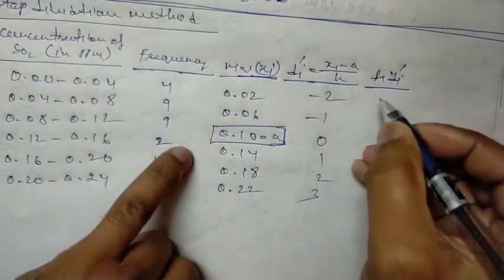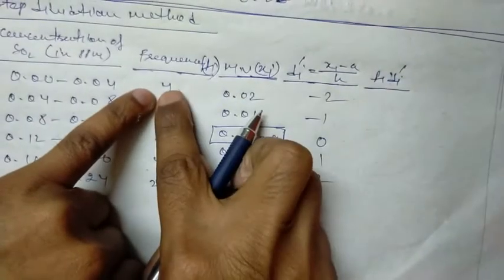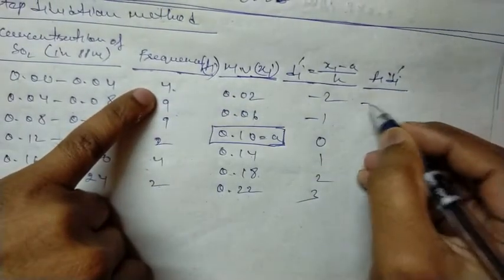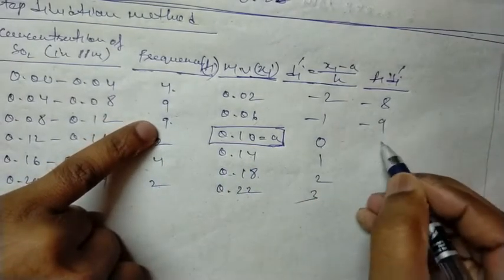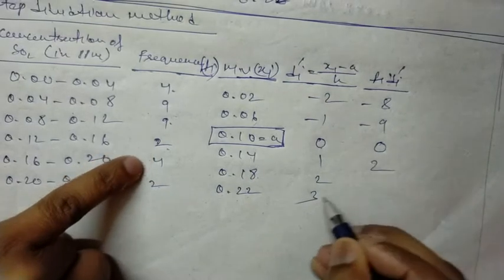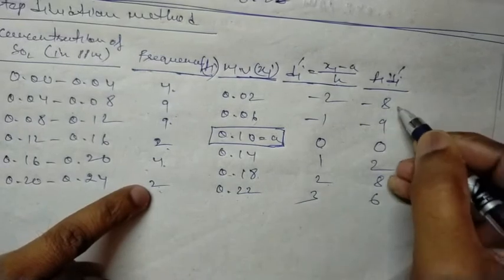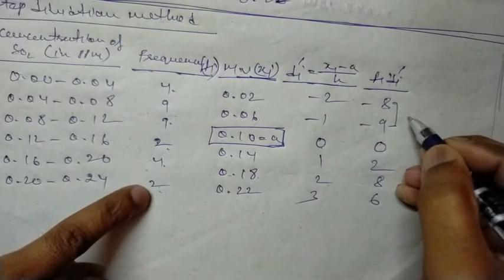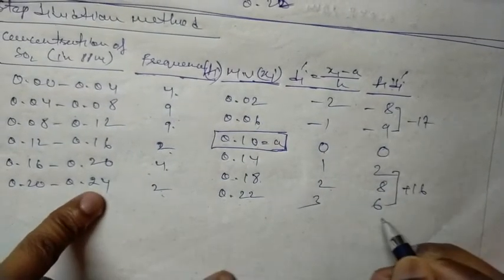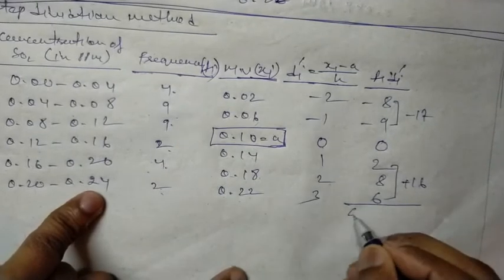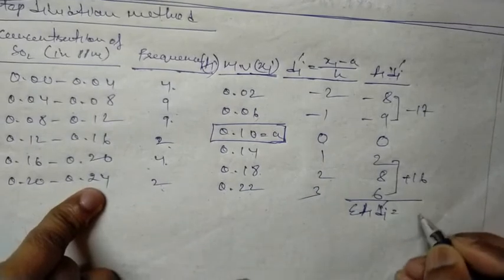Now you have to multiply this with fi. 4 2s are 8, 9 1s are 9, 9 zeros are 0, 2 1s are 2, 4 2s are 8, 2 3s are 6. If we calculate this, we'll get -17 and 10 plus 16. Sigma fi di dash will be -1.